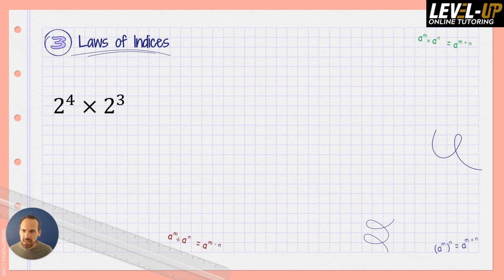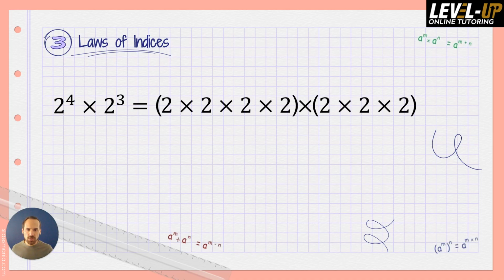So say we have something like this, how could we bring that together into just one calculation rather than two exponents? Well, you see 2 to the power 4 is just 2 times itself 4 times. 2 to the power 3 is 2 times itself 3 times. Well, this is just a long multiplication, as in there are many digits all multiplying each other. So if we just lose the brackets, you can see this is 2 times itself 7 times.